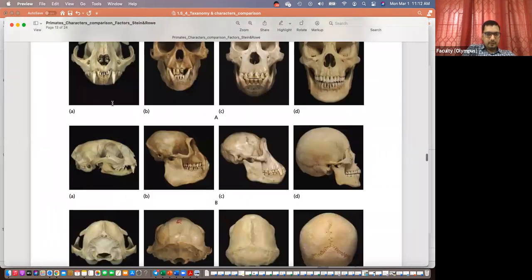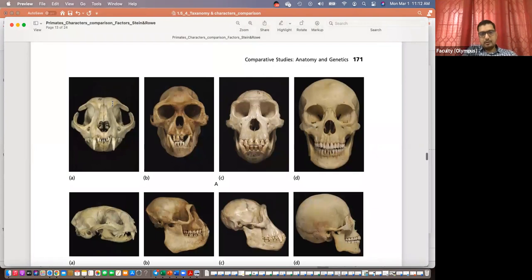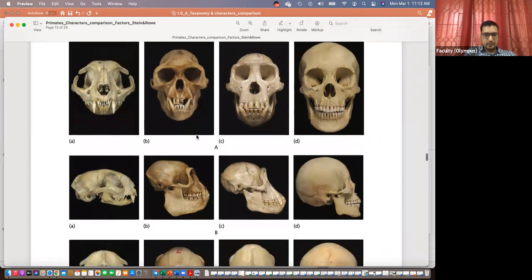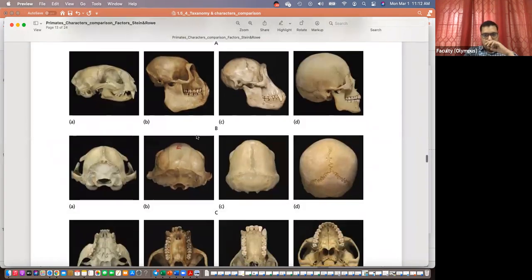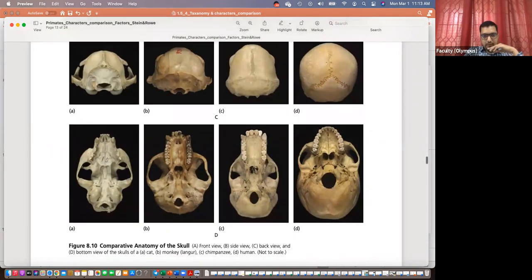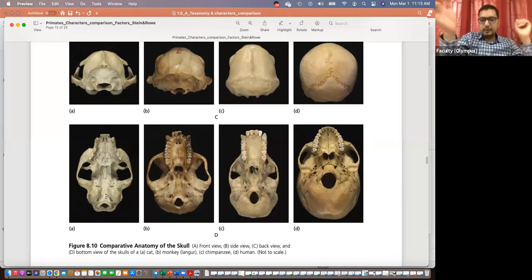Look at the difference between cats, monkeys, chimpanzees and humans in the skull size. And look at the size of the canines, how they have decreased to us, to humans. From chimpanzees to humans also they have decreased. And the important one I want to tell is where this hole is, where the foramen magnum is. Foramen, F-O-R-A-M-E-N, foramen magnum. This is the location of the foramen magnum.